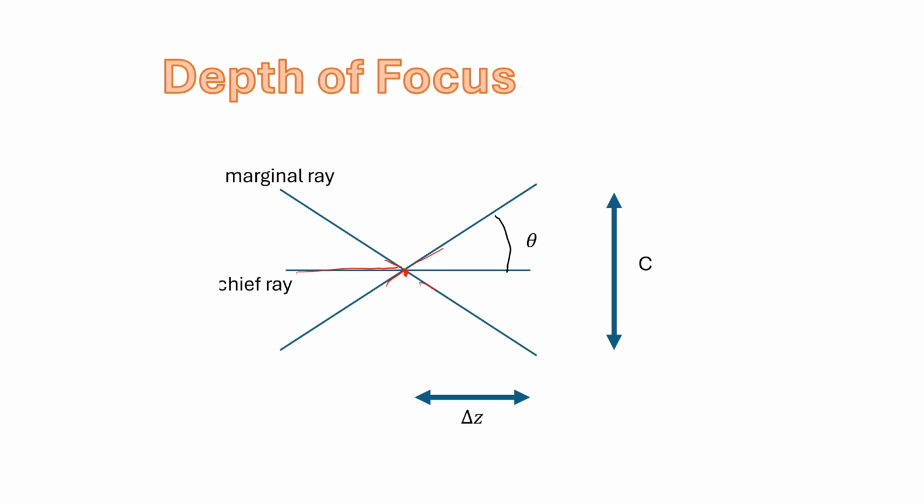Here we could say that the ray bundle extends over some distance delta z, and then delta z times this angle theta would tell us what the extent of the ray bundle is. This angle theta is the numerical aperture. It turns out to be 1 over the f number.